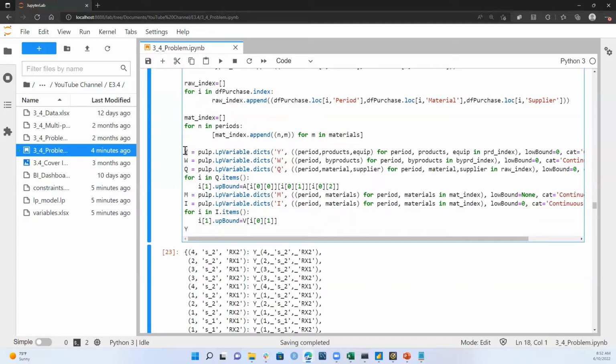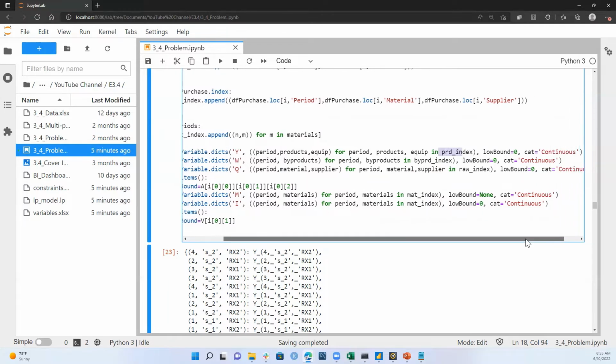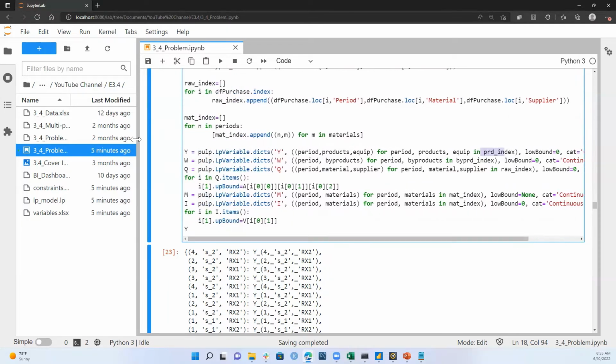So Y sub NIK, again, is the amount of material I produced on machine K in period N. And we're going to create a variable for each period, product, and equipment in the product index. Lower bound is 0, since we know we can't have negative production, and these are continuous variables.